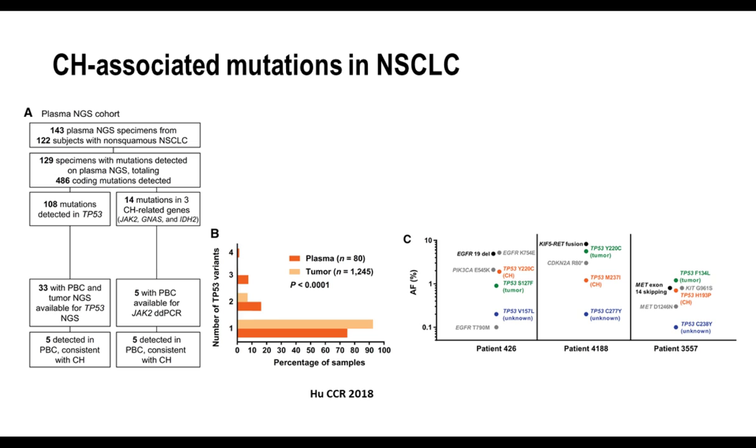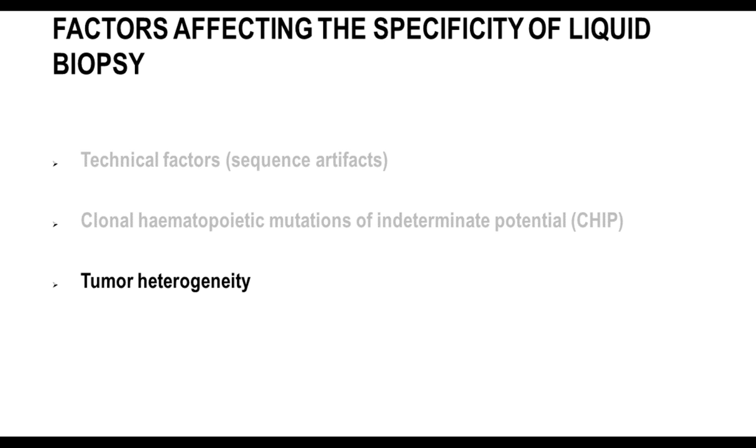And so if these mutations are not in peripheral blood cells and not in the tumor, where do they come from? Well, the explanation might reside in the next factor that is affecting the specificity of liquid biopsy, that is the tumor heterogeneity.